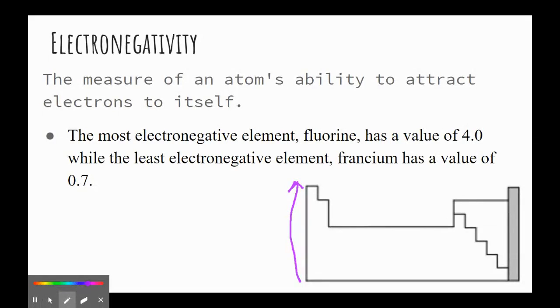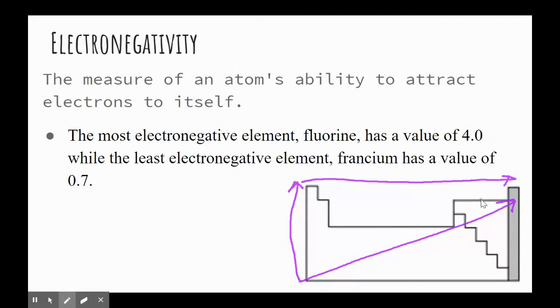Then as we move from left to right across a period, it becomes easier for the atoms to gain electrons because there are more protons in the nucleus. So electronegativity increases as we go to the right as well. Again, your biggest are up here and lowest electronegativities are down here.